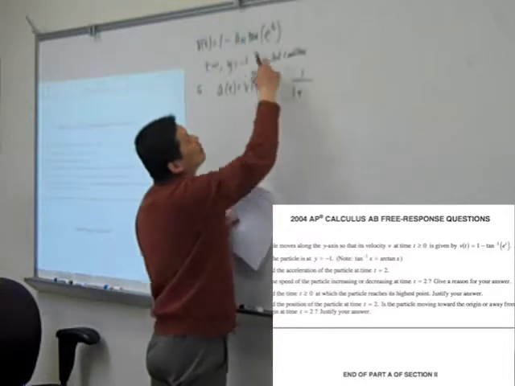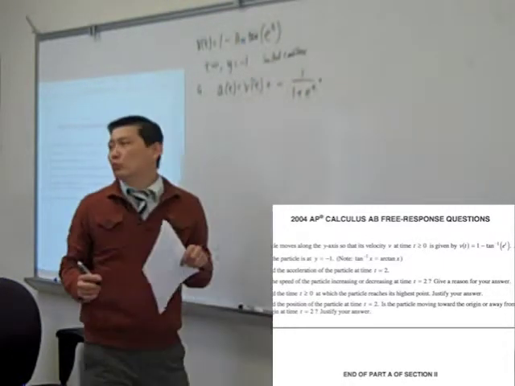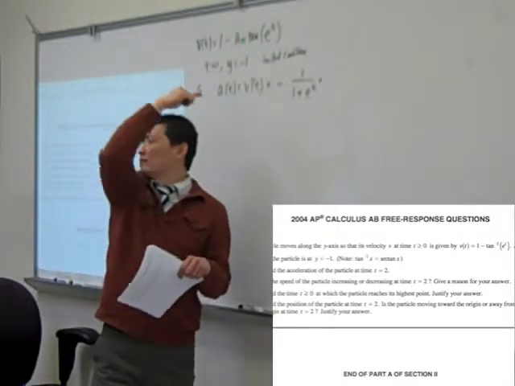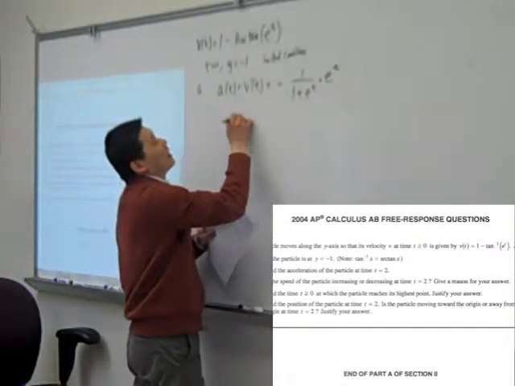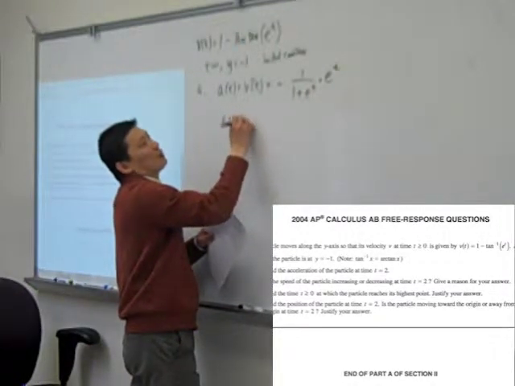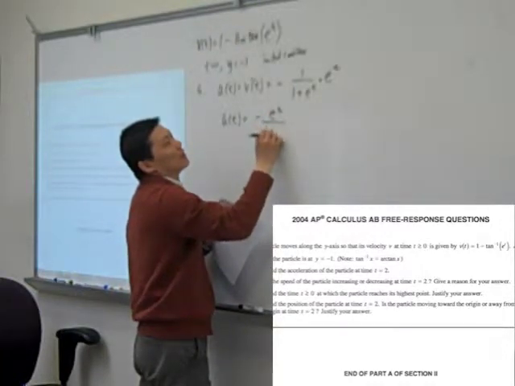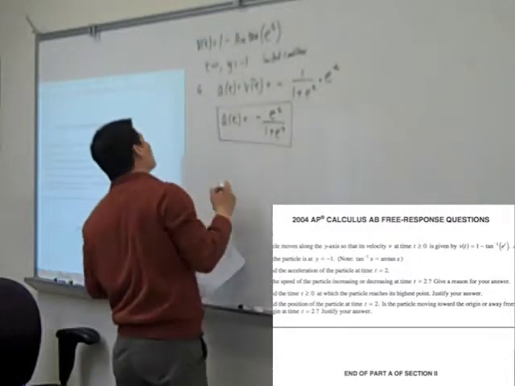Here u is e to the t, but we need to multiply by the chain rule, the derivative of the inside function, and the derivative of e to the t is e to the t. So your answer for a of t, acceleration, is negative e to the t over 1 plus e to the t squared.